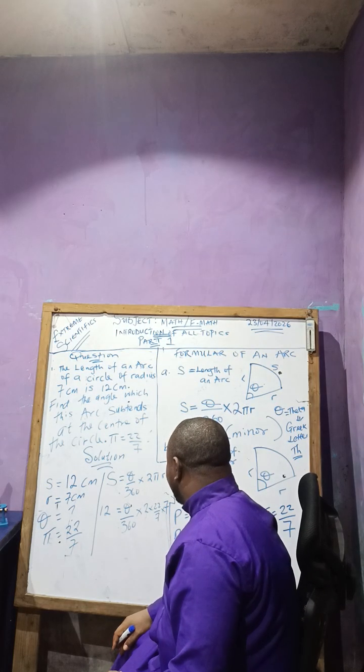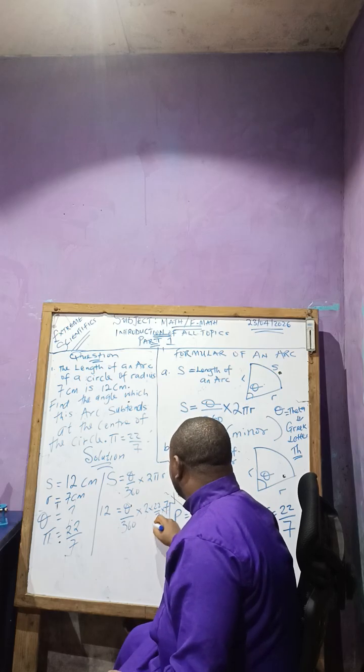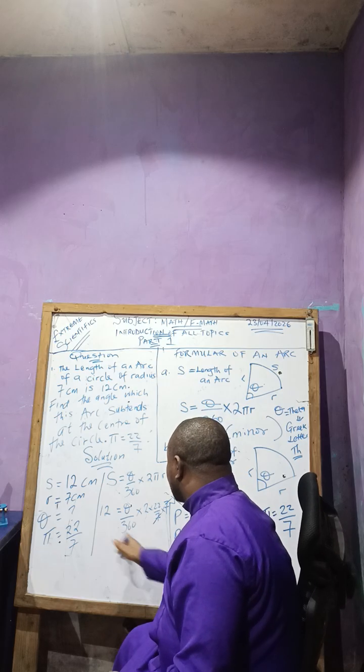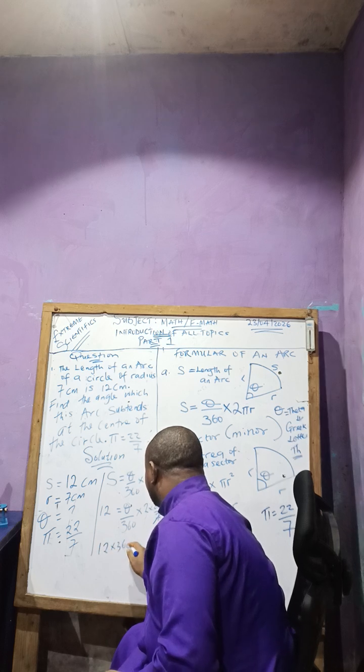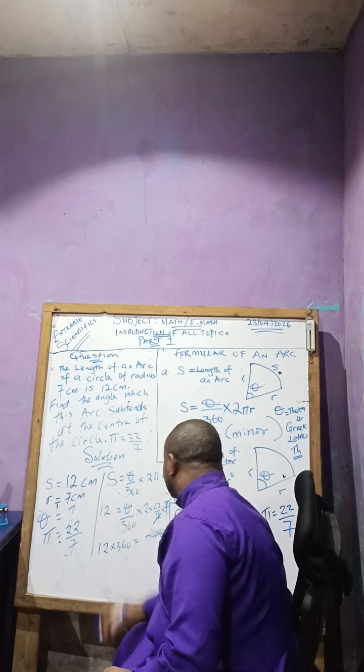So what am I going to do here? You cancel 7 by 7. Are you seeing it? 12 times 360 is equal to 2 times 22, which is 44 theta.